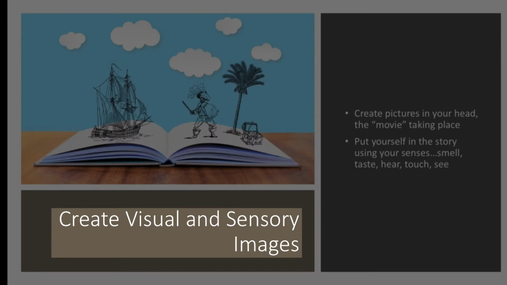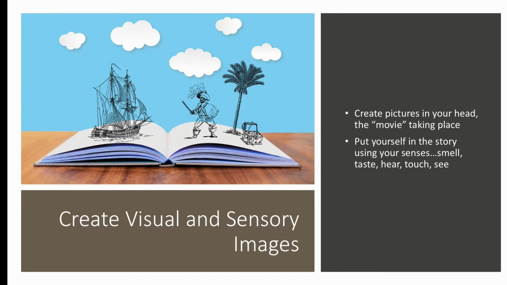This is my fave, creating visual and sensory images. When I share this one with students, they love this. It's creating pictures in your head. In other words, a movie that's taking place. When you start reading, the movie begins. So if you're putting images in your head, you are creating that movie. And it's one of the most helpful strategies that I know of.